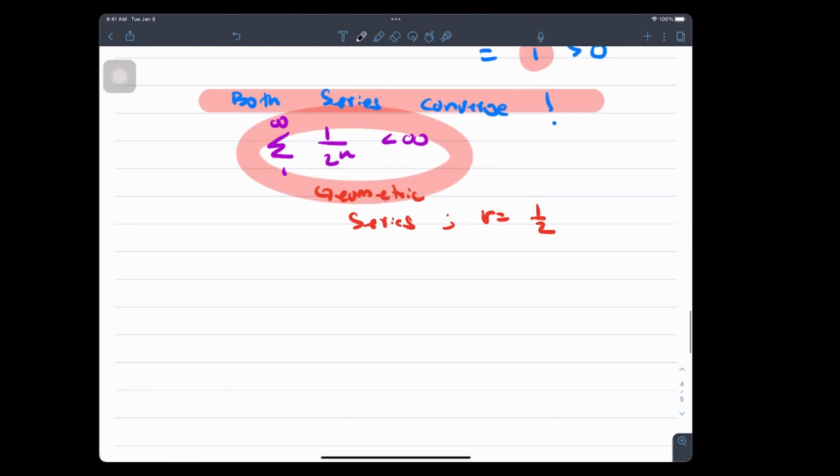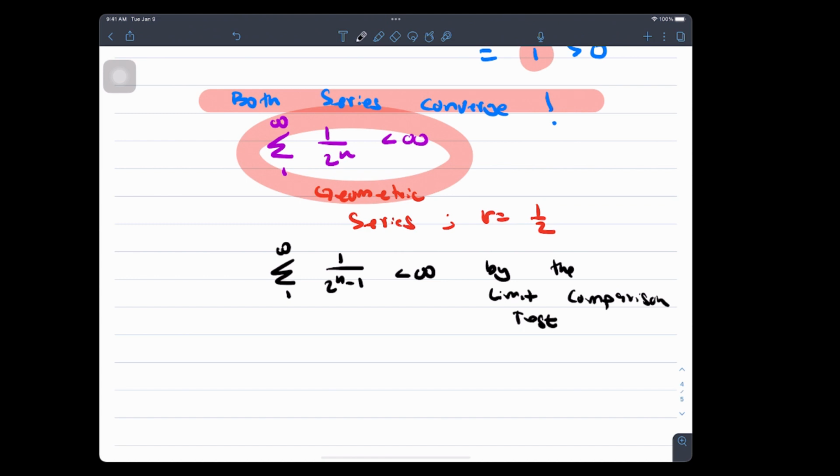Since you know that this series converges, the series that you compared it to converges, we say by the limit comparison test. So you got convergence by the limit comparison test.